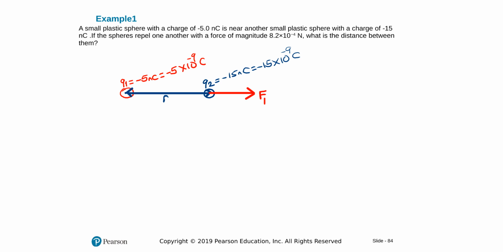That will be the force on 1. Alright, the forces are equal in magnitude and opposite in direction. So I'm just going to call it F, the equal forces, and calculate that force. Actually, we know that force. It's equal to 8.2 times 10 to -4 Newton.